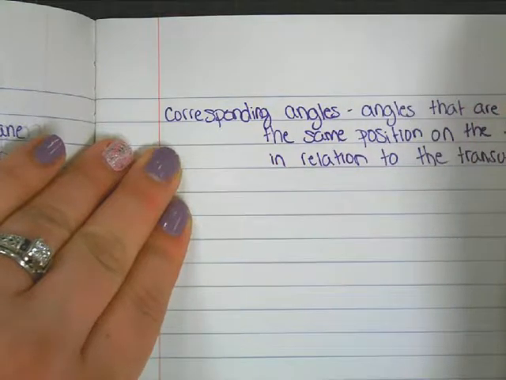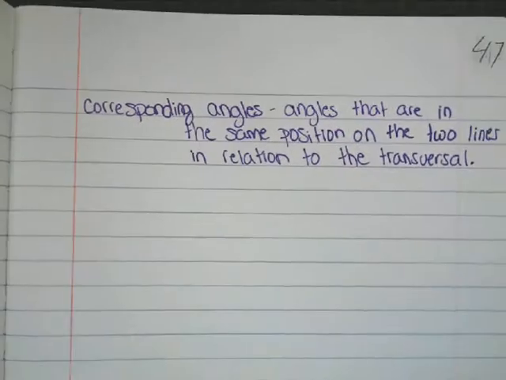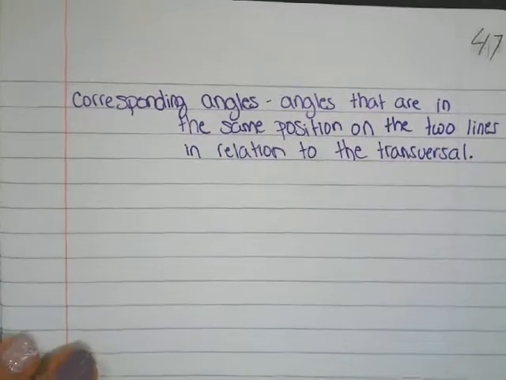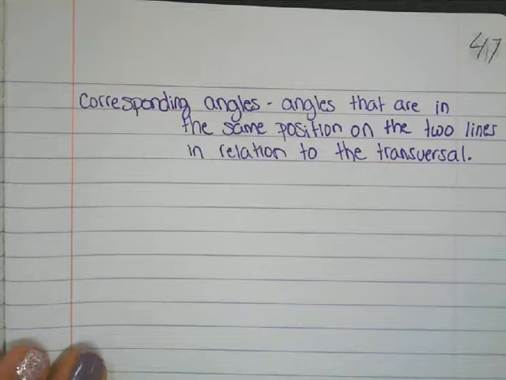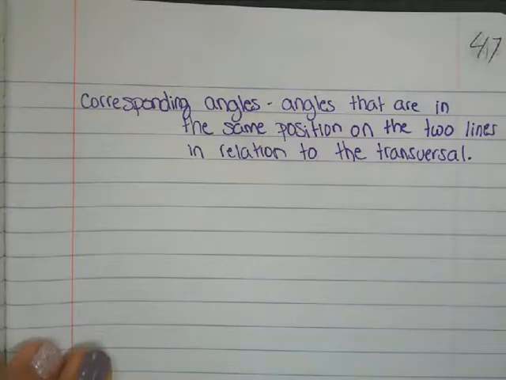So if I have 2 parallel lines and a transversal, and the first angle I'm looking at falls above the parallel line and to the left, then on the next parallel line I have to look above it and to the left. Again, we'll go through some of these examples when I give you a picture here in a minute.